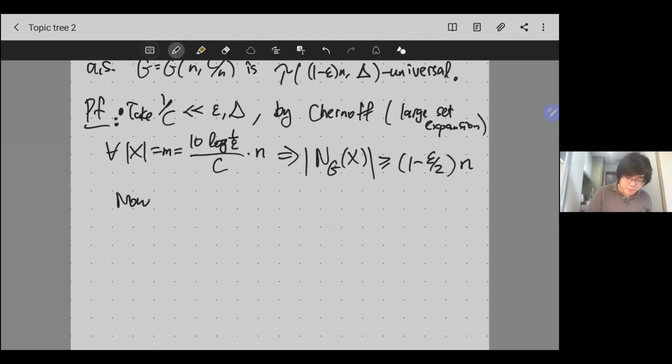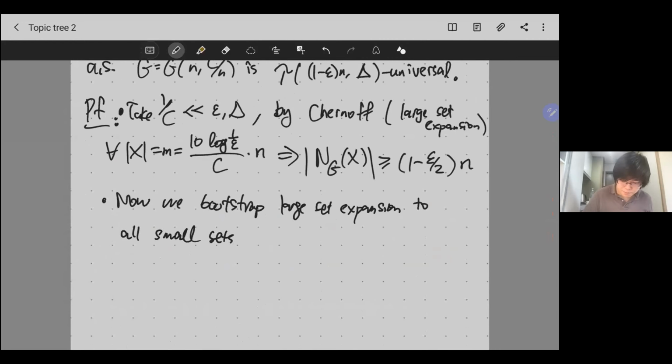Now we bootstrap large set expansion to all small set expansion. This is similar to claim, for example, 4.7, which I left as an exercise.